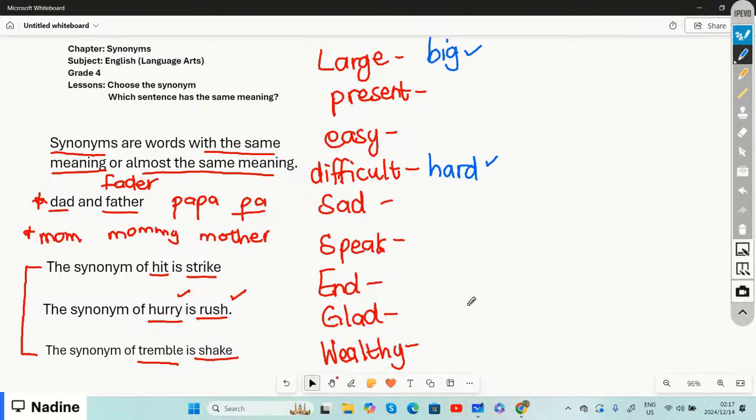Another word for glad is happy. Another word for wealthy is rich. Remember, poor is the opposite. That is an antonym. So we're only looking at synonyms, words with the same meaning. So rich is correct. Big is correct. Well done.